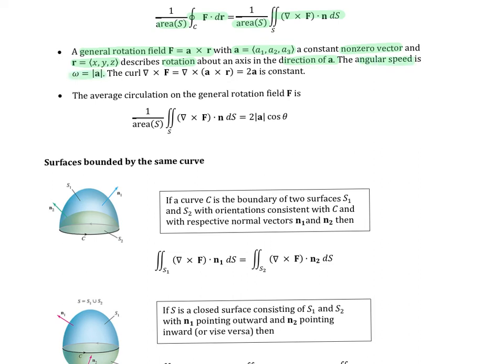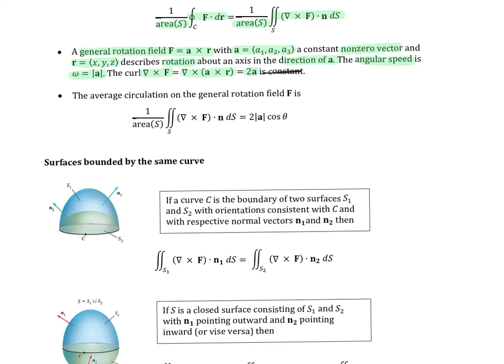Still the same, still the magnitude of A. Well, since our curl here is actually del cross A cross R, then recall previously that would be 2 times the vector A. Here there's a typo. It shouldn't have the 'is constant'. That shouldn't be there. It's just 2 times the vector A.